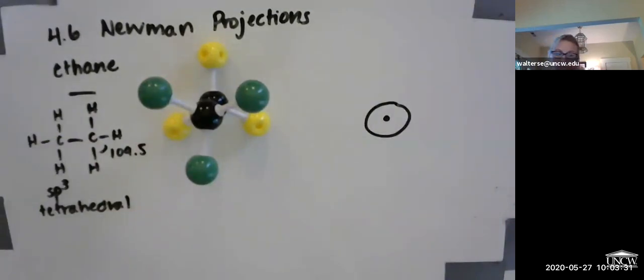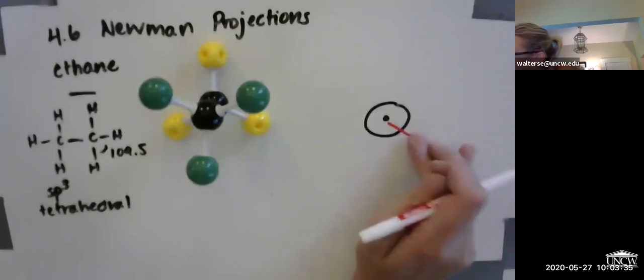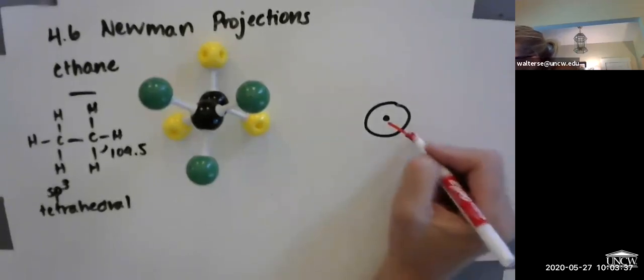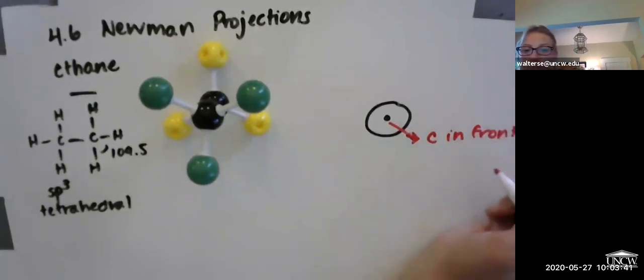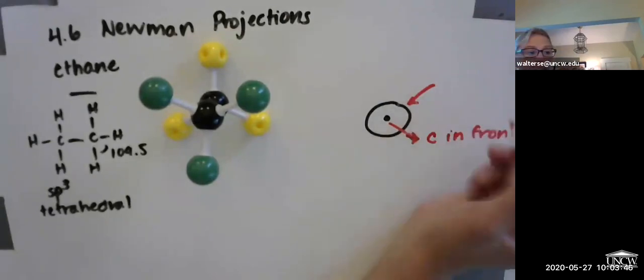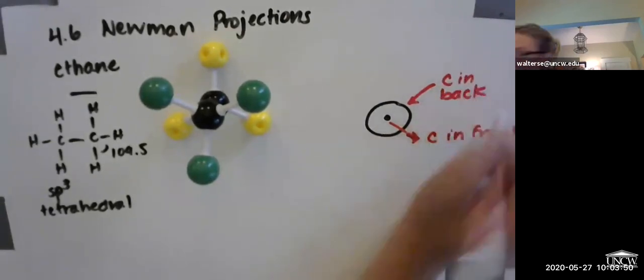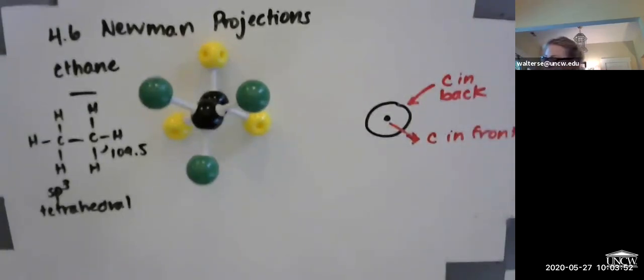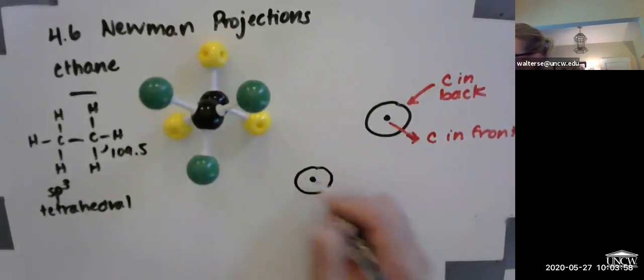The dot is the carbon in the front. The circle is the carbon in the back. I'm going to draw another one so I can add the hydrogens.